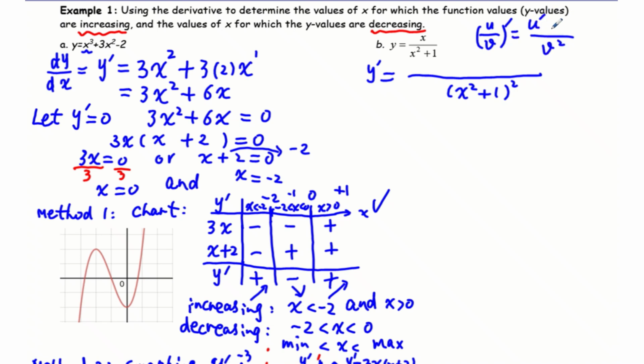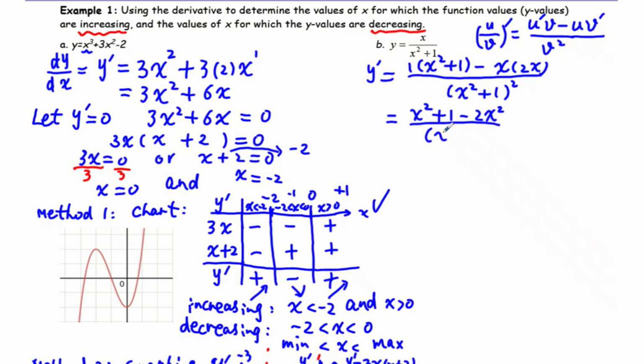Then first come first derivative, minus second derivative, u times v. So the derivative of x is 1, then copy the denominator here, then minus x times the denominator's derivative, which is 2x. Then we simplify it: x squared plus 1 minus 2x squared, divided by (x squared plus 1) squared.